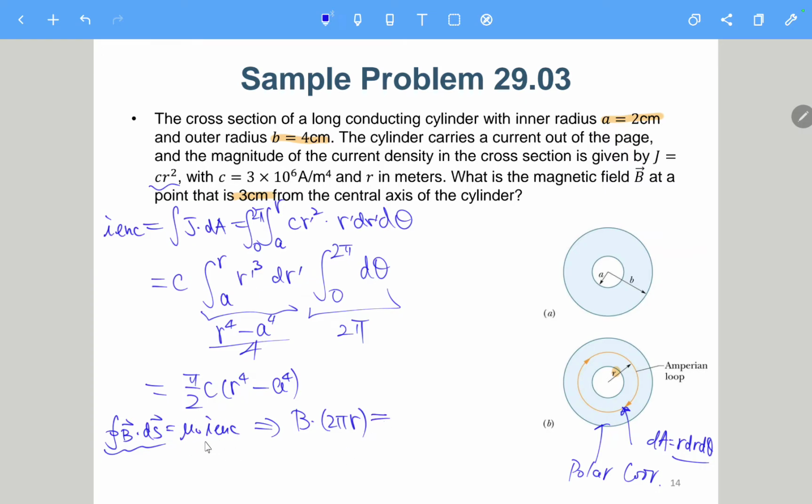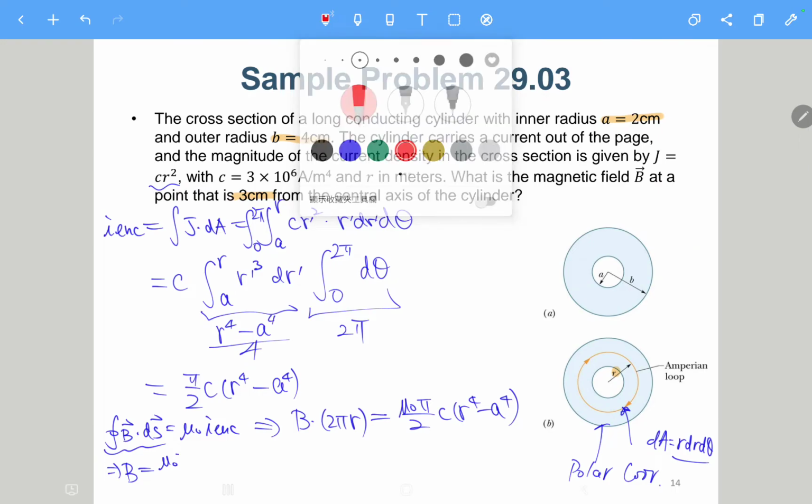On the right side, it is mu 0 pi over 2 C times r to the fourth power minus a to the fourth power. So we have B equals mu 0, and let's see, we can do some cancellation first.